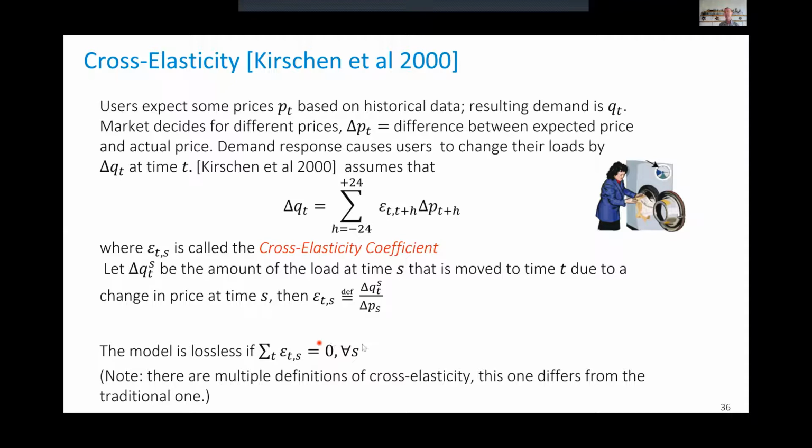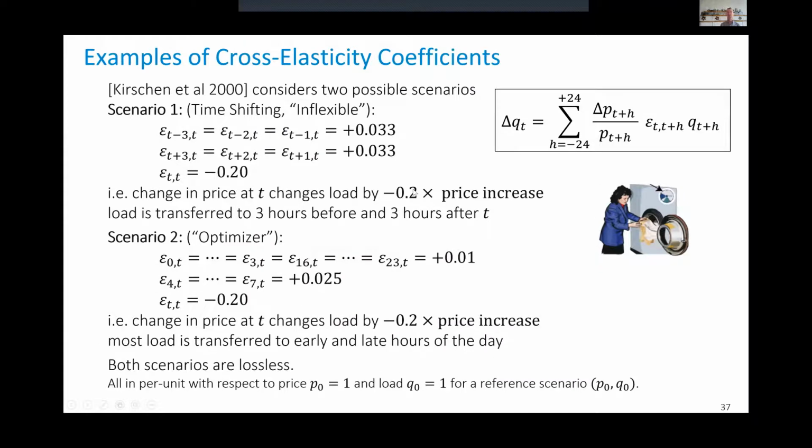If it's negative, we will have a true loss of loads. And it's not very clear yet what is happening here. So this is the cross-elasticity coefficient that is useful in the context of demand response. There are multiple definitions of cross-elasticity. This one differs from the traditional one, but it's the one that makes sense in this context here.